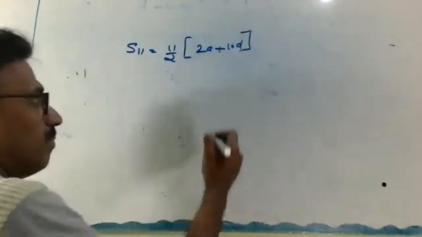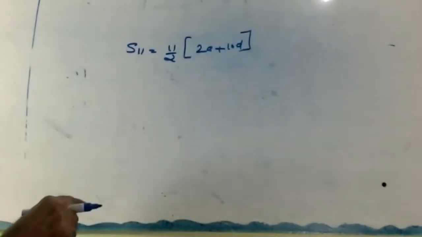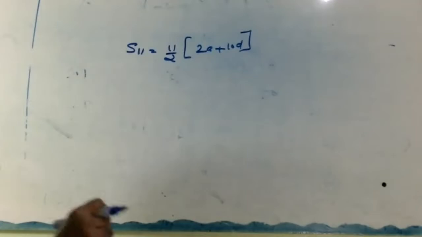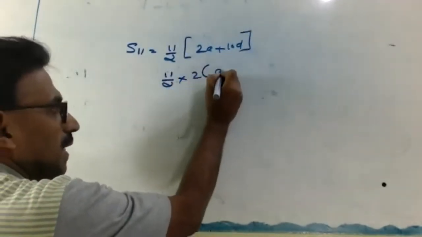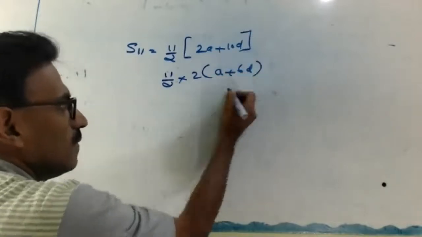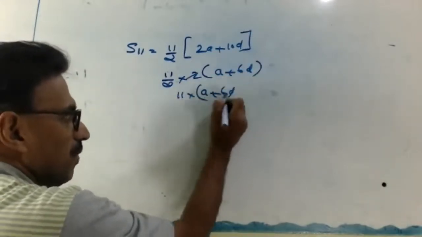Agree or no? This you have to find out. S11 means 11 by 2 into (2A plus (n minus 1) into D). So that is 11 by 2 into 2 outside, (A plus 5D). That will be 11 into (A plus 5D). This you have to find out.